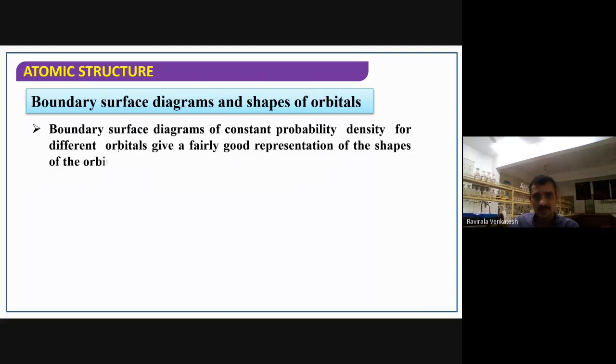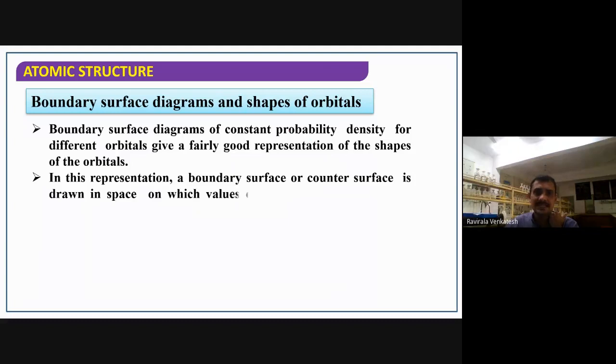How is it possible? Generally, wherever the probability density of the electron is there in different directions, you get the shapes. By drawing a diagram wherever the density of electron is there, that diagram is nothing but the shape of the orbital.